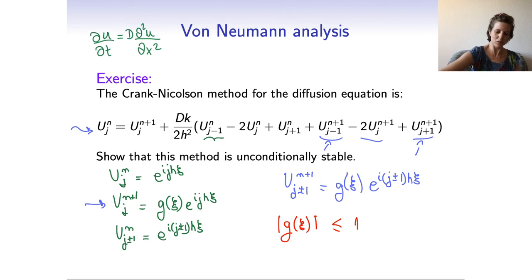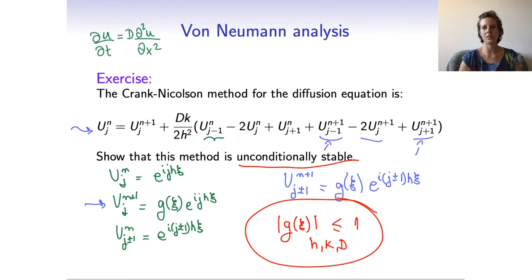So for the method to be unconditionally stable, you are going to see that it doesn't depend on h, k, or d. So for all h, k, and d, your amplifying factor will be smaller than 1.